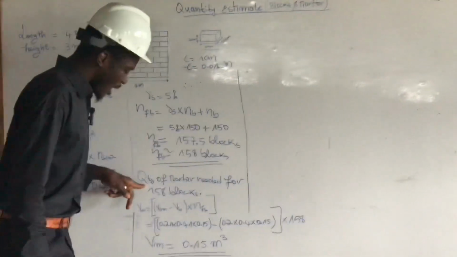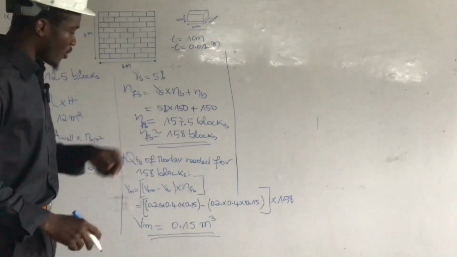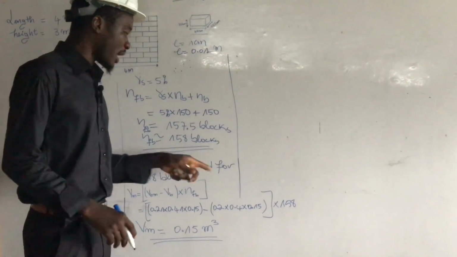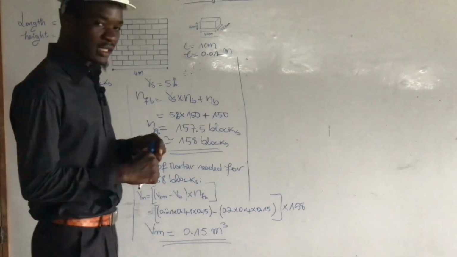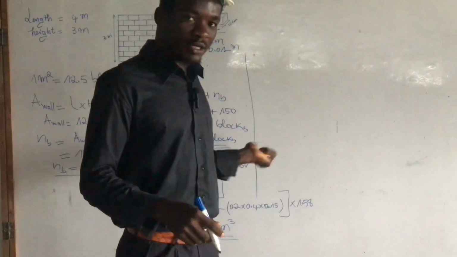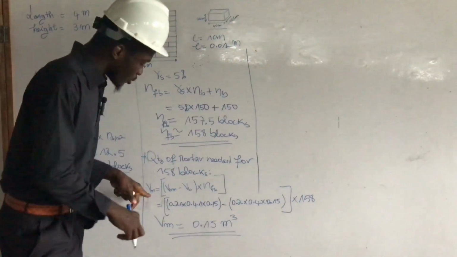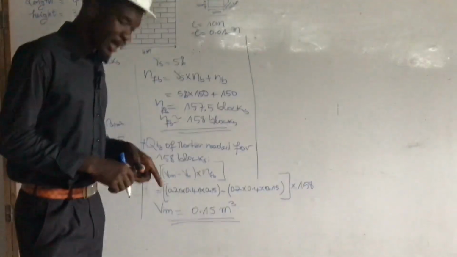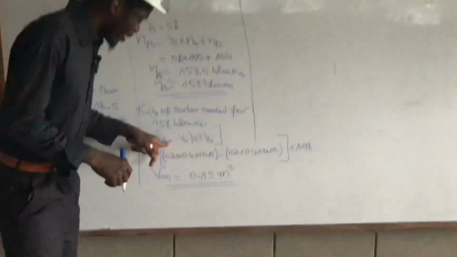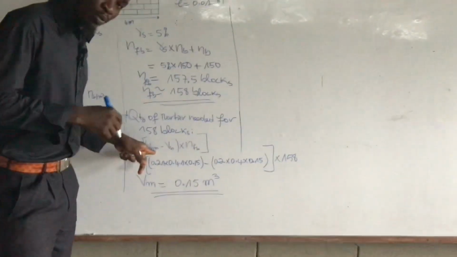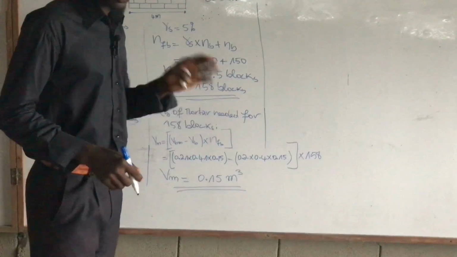Now the second point was to determine the quantity of mortar needed to build those 158 blocks. We call VM the volume of mortar, VBM the volume of block with mortar, and VB the volume of block itself without mortar.